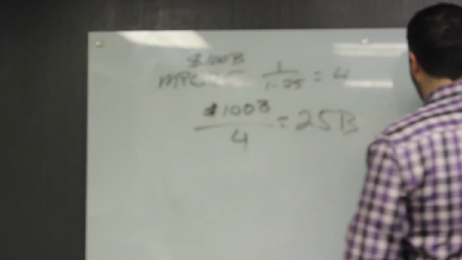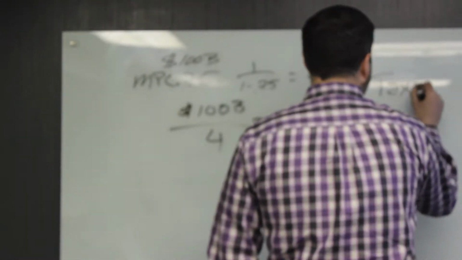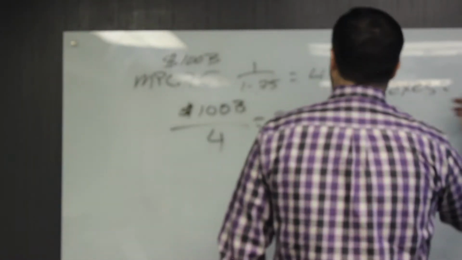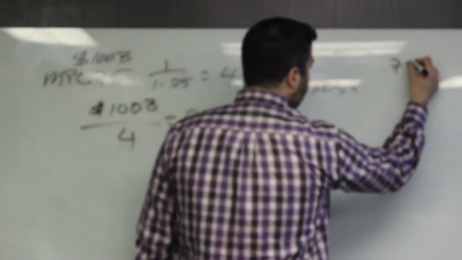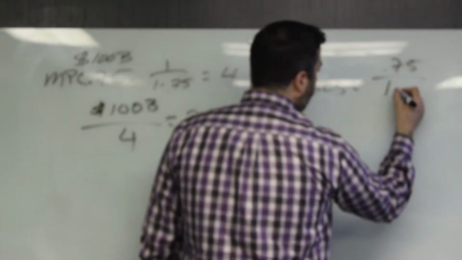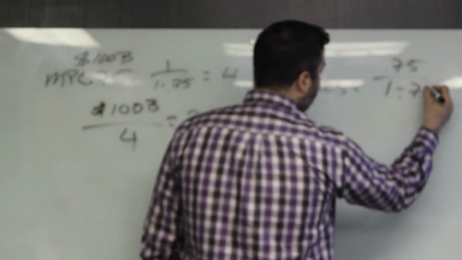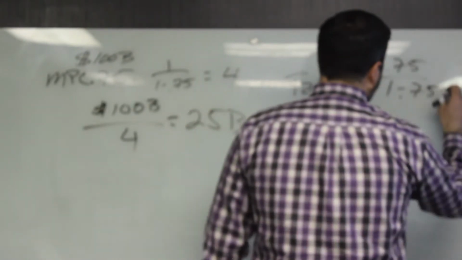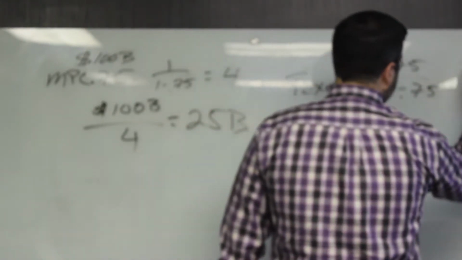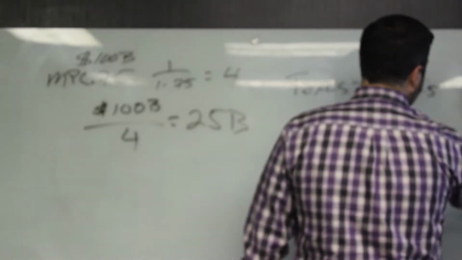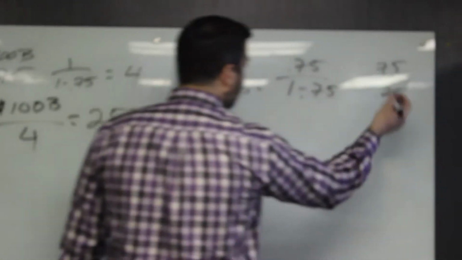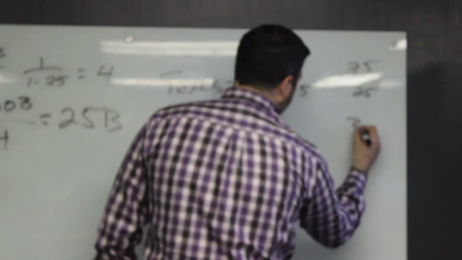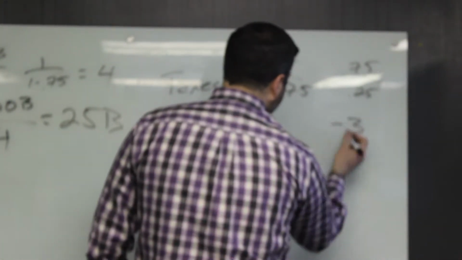If I'm going to do it the other way, for taxes, I can say the marginal propensity to consume is 0.75 over 1 minus 0.75. So I have 0.75 over 0.25, which is 3, essentially negative 3.